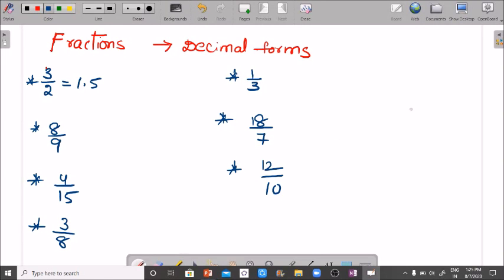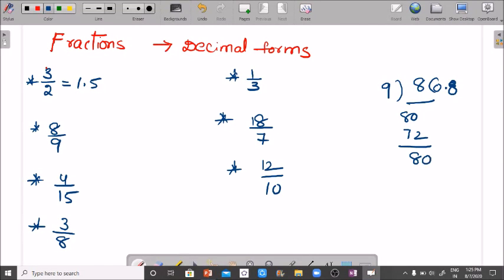Okay, 8/9. 8 is not divisible by 9, so 0 point, and take 80. 9 eights are 72, remaining 8.